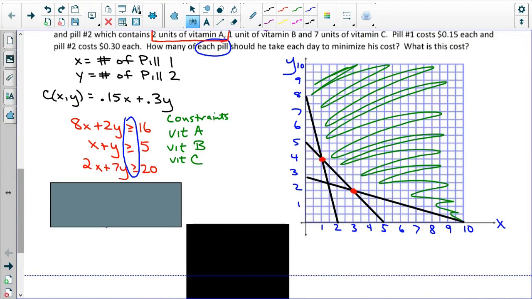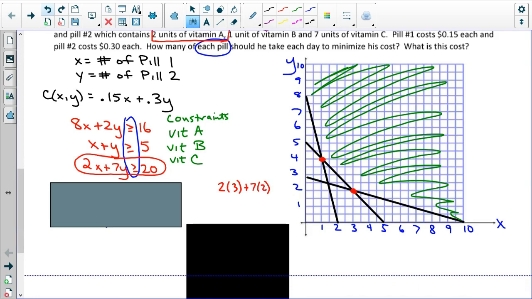This line that I'm tracing over in red is a little shaky in terms of where that intersection point actually is, because I had a questionable y-intercept in terms of how I was graphing it, but it looks like it's at 3, 2. So I'm going to confirm that 2 times 3 plus 7 times 2 equals 20.